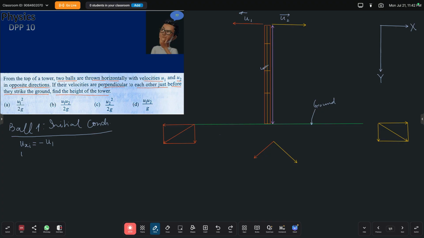Let us say uxi. Uyi, that's the initial condition, is 0. Acceleration in the y direction is g j.